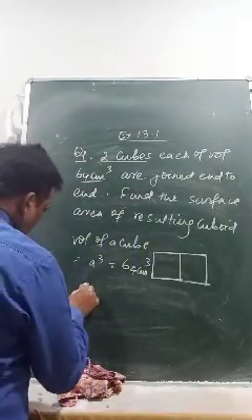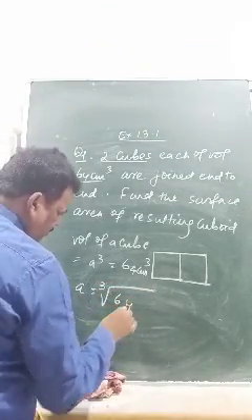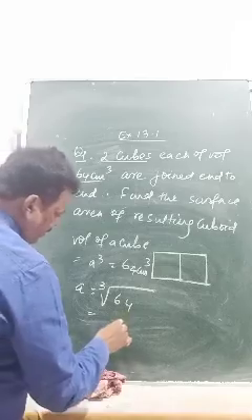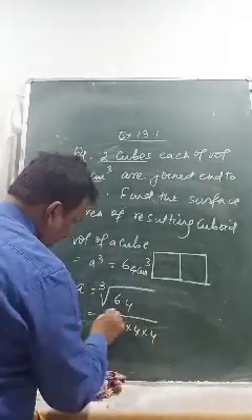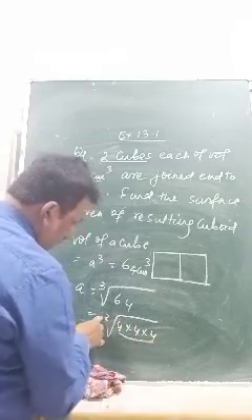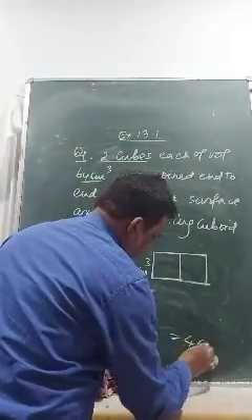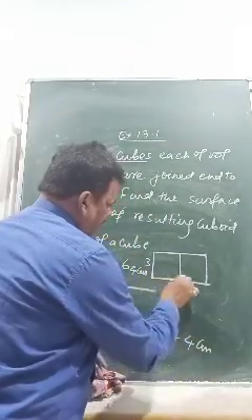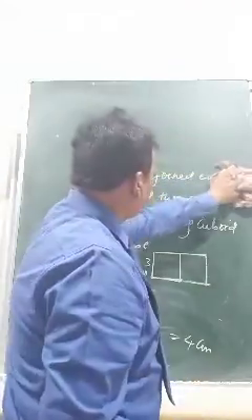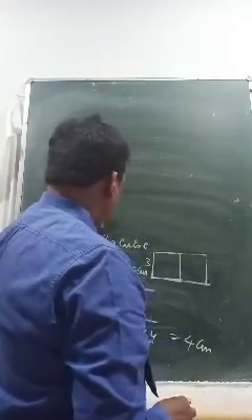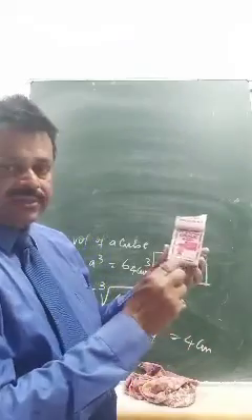Then a equals cube root of 64. 64 means 4 into 4 into 4. So out of 3, cube root means out of 3 you take 1, that becomes 4 centimeter. That means breadth is 4 centimeter. I can say breadth became 4 centimeter.